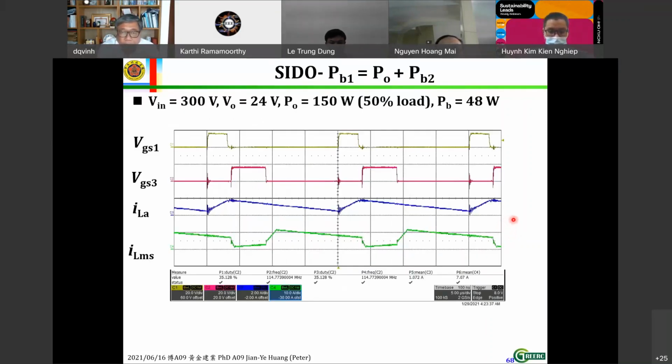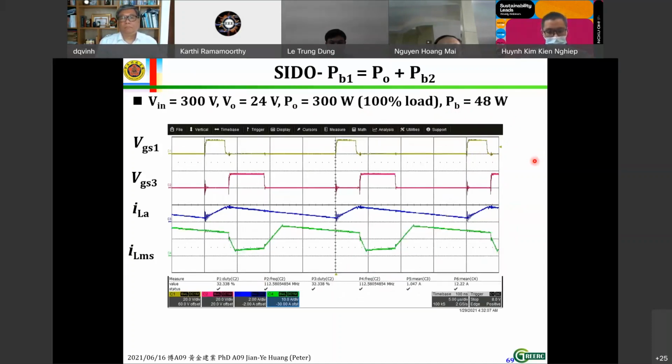This figure shows the waveform of the Tsorng-Juu mode at the 50% load condition, when the battery power is also at 50% load. This one shows the waveform when load power is full load and the battery power is 48 watt.